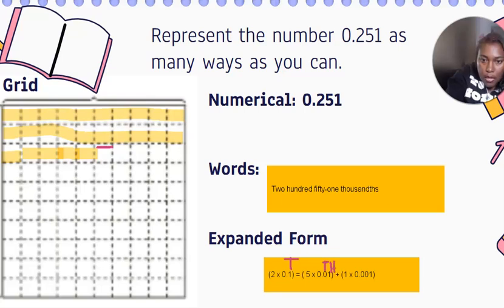And I know I'm not fully writing out the words. However, going to the right side of the decimal, just understand it's going to end with TH. Tenths, hundredths, and thousandths. And the last, the number 1 over here, I'm going to represent that as TH, TH. Okay? Hopefully that helps.